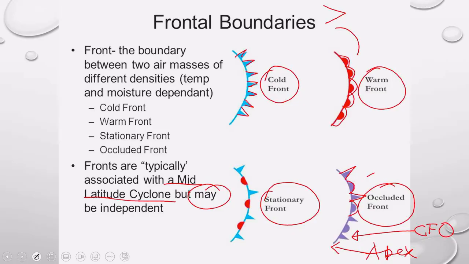But that stationary, take note, it is not the stationery that you use as textbooks, counter books, and exam pads. But it is stationary, meaning it is not moving. Also in this case, you've got the cold front sign, but now the half moon is on the other side. That is the difference between the two fronts, the occluded front and the stationary front.